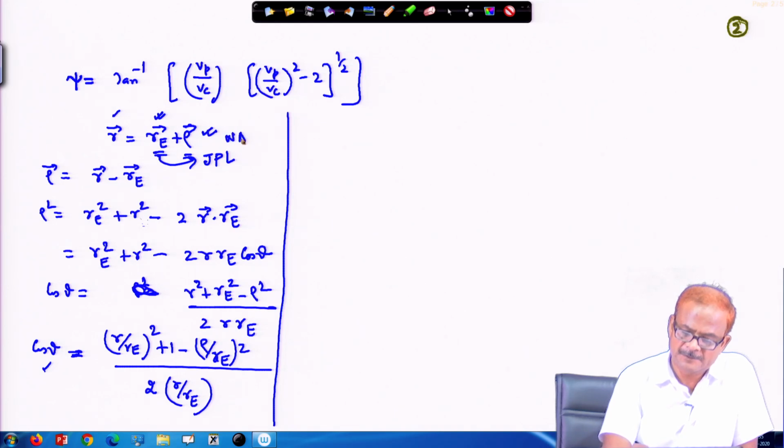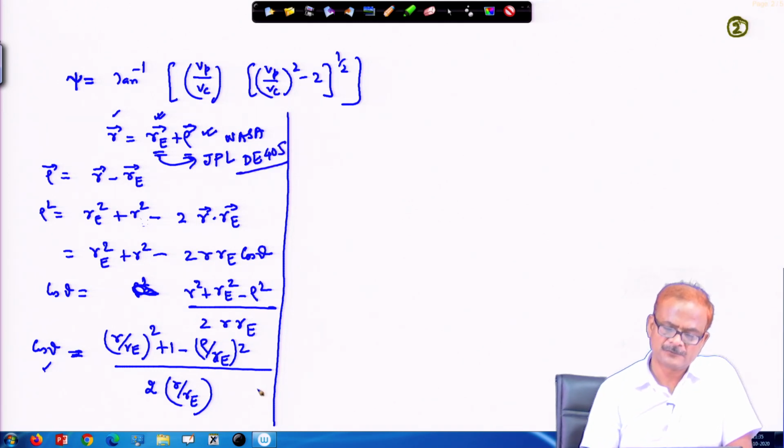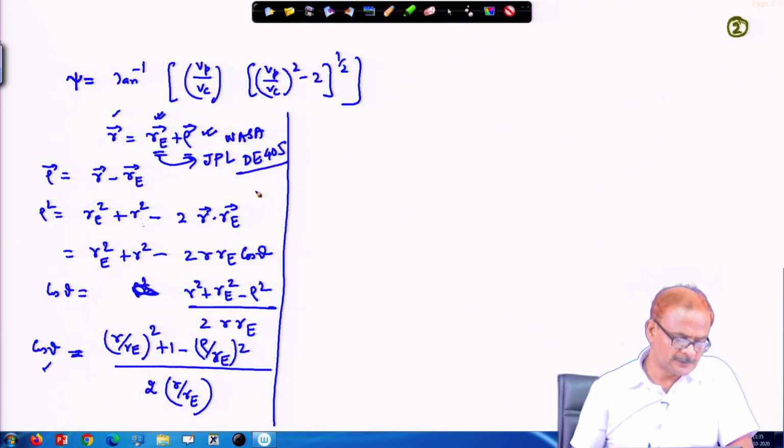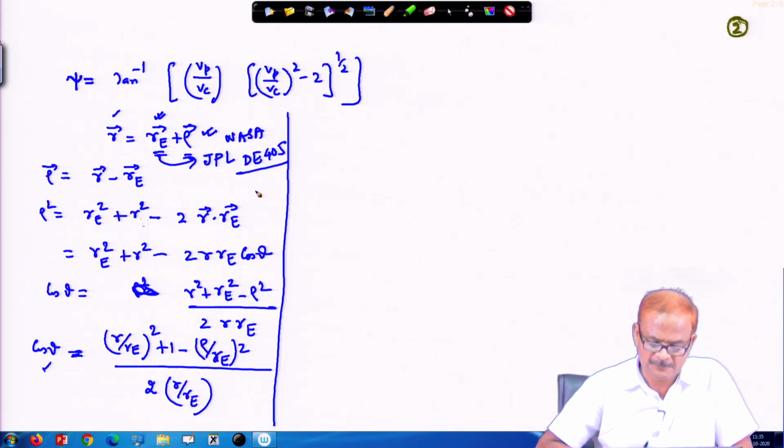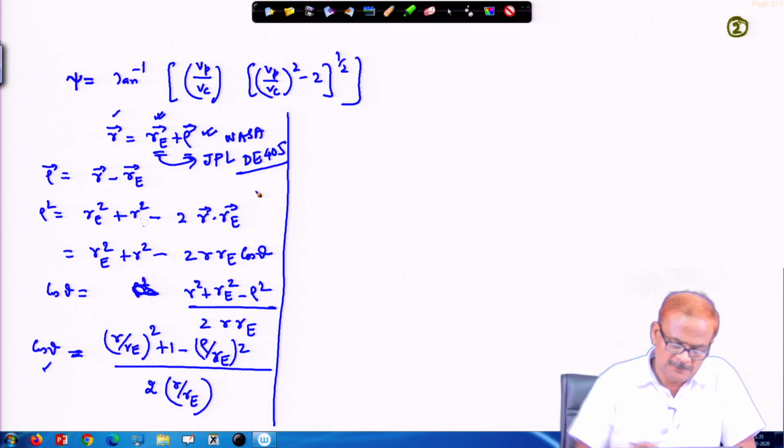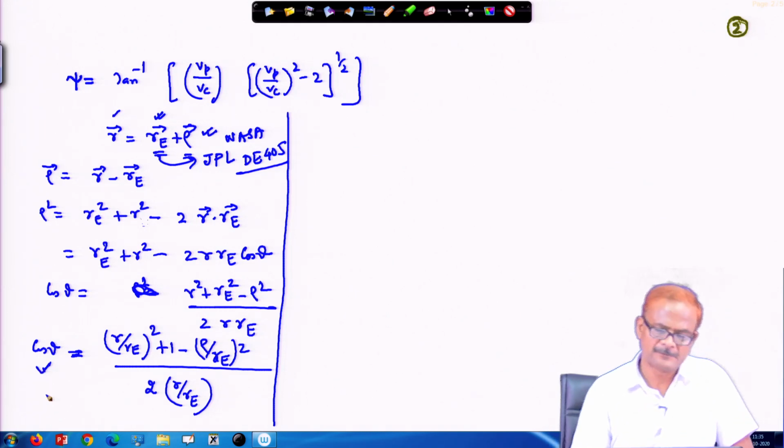This is the NASA JPL developmental ephemeris 405. It is a program, so from there you get it. The program is written in Fortran. Obviously, it is not so easy to understand. You need certain experience, thereafter you can work on all these things. Okay. So, therefore, cos theta can be determined.